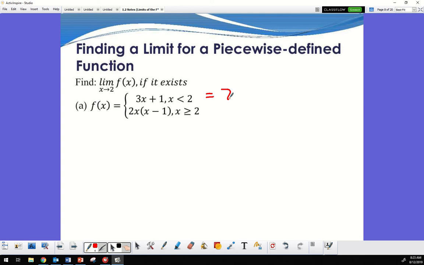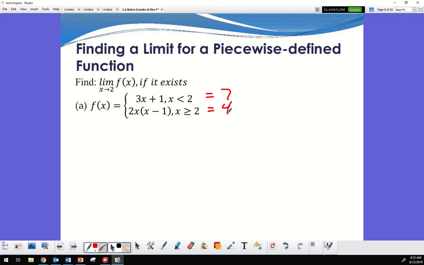Now, to the right side. So I'm going to plug in the 2. So it's going to be 2 minus 1 is 1, times 4. Now, for this limit to exist, they both have to go to the same number, right? Do they? No, they do not.